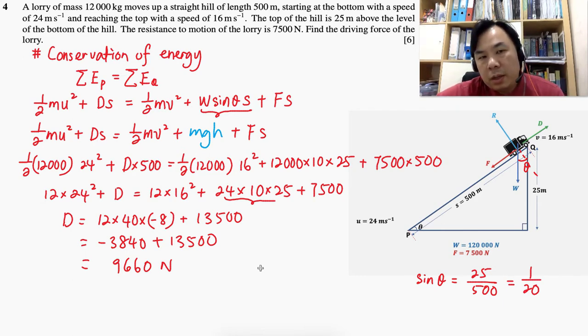Personally, I would say that yes, work energy principle is easier to work with. There's less confusion involved, right? Unless you are very familiar with conservation of energy, right? But conservation of energy does have its pro when the context become more complicated, right? So I hope that is clear.